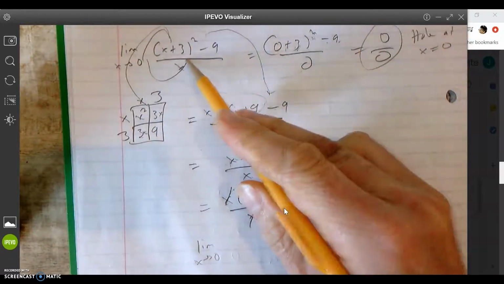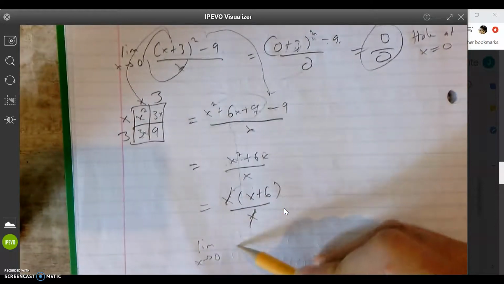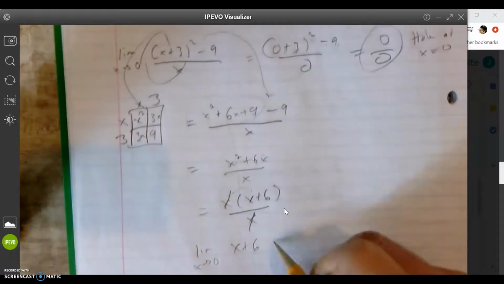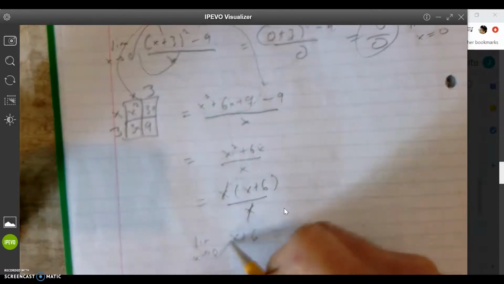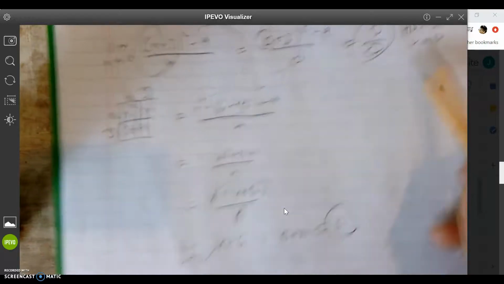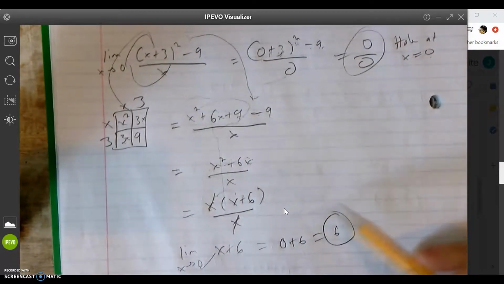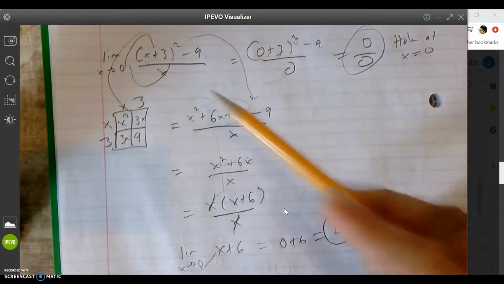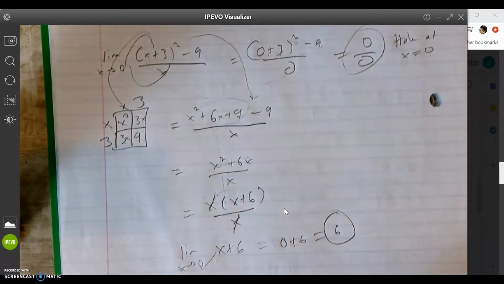Now this whole thing simplified to x plus 6. So plug in 0 again, 0 plus 6 equals 6. So there's a hole at x equals 0, but the limit as x approaches 0 is 6. Cool. If you want to see it, just put this into Desmos so you can see what's going on with the graph.